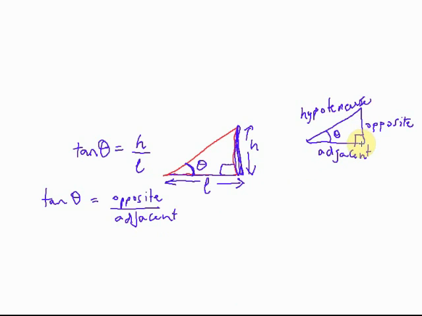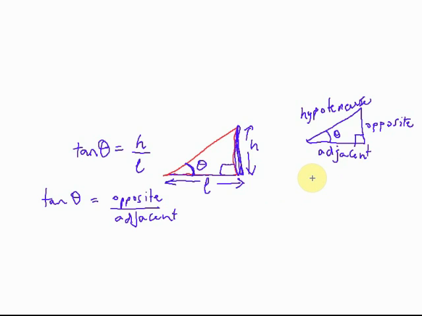Now, let's just take a look at some other ratios. Remember that I said that the relationship between these sides is invariant under scaling up. Now, we can define other ratios that are invariant, just as the tangent, the ratio of opposite over adjacent, is invariant under scaling up. So we might talk of other ratios.